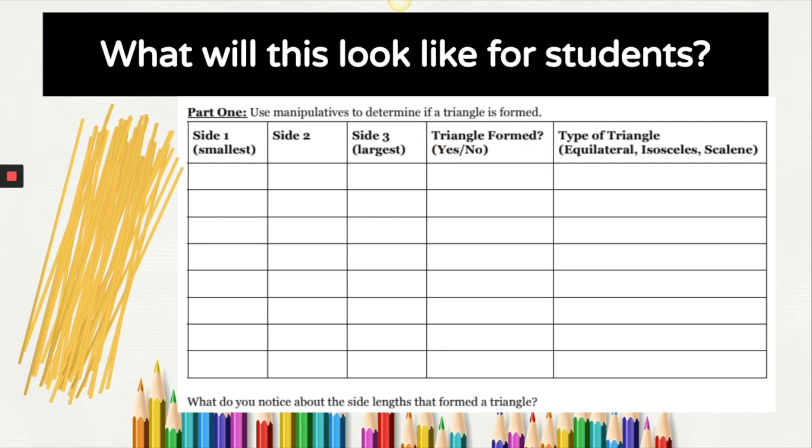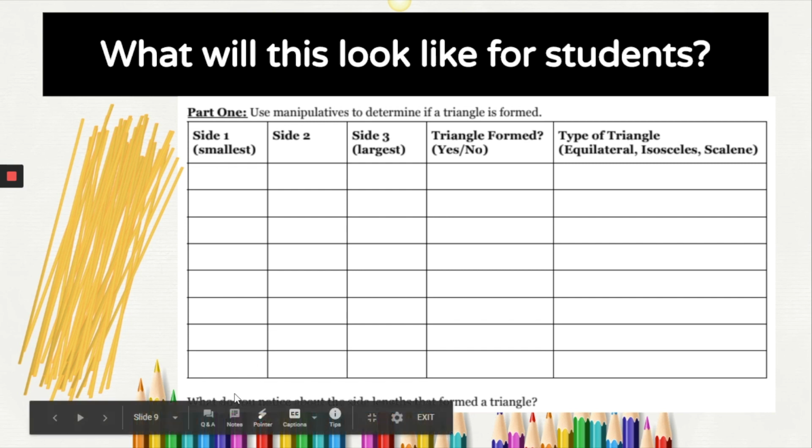So this is on the first page. I wanted to call your attention to making sure that when the students enter their information, they put the smallest one first, then the second, then the third being the largest length. Then they can answer the question, was there a triangle formed? And if so, what type of triangle was it?